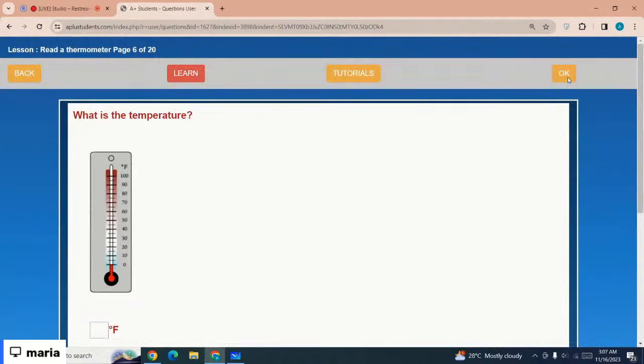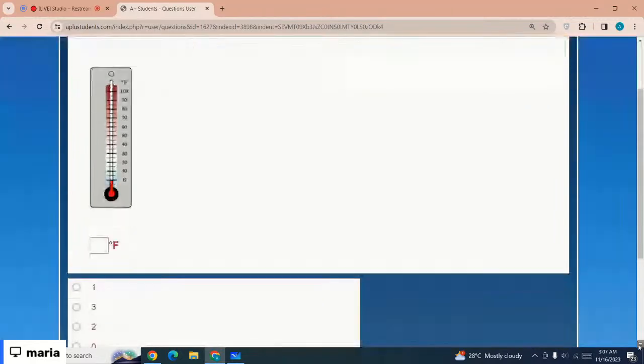Okay, what is the temperature? The correct option is 0 degrees Fahrenheit.